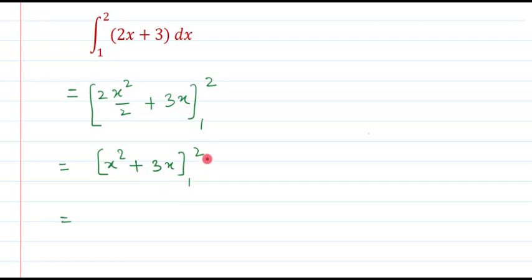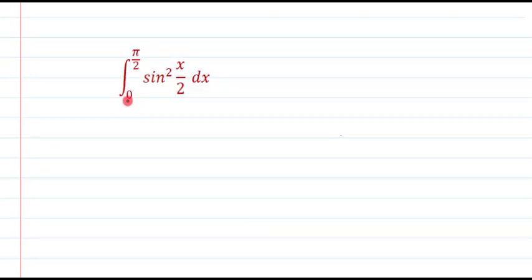That is F(b), meaning upper limit, minus F(a), meaning taking the lower limit. So clearly it is 4 plus 6 minus 1 plus 3. So after solution you are getting 6. So 6 is the definite integration of the given function.